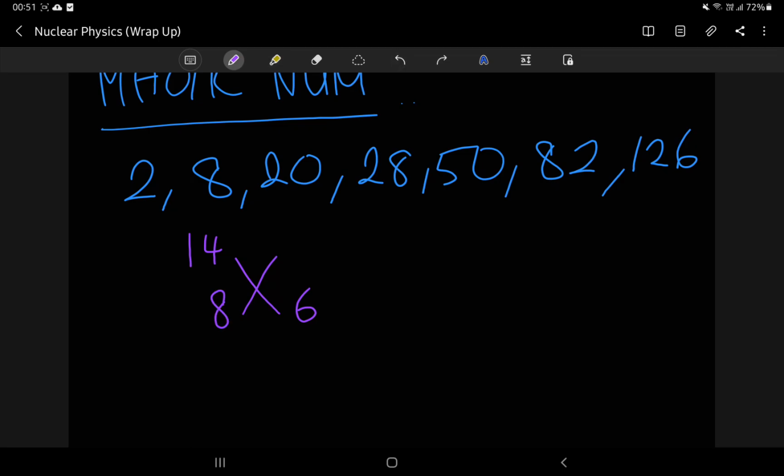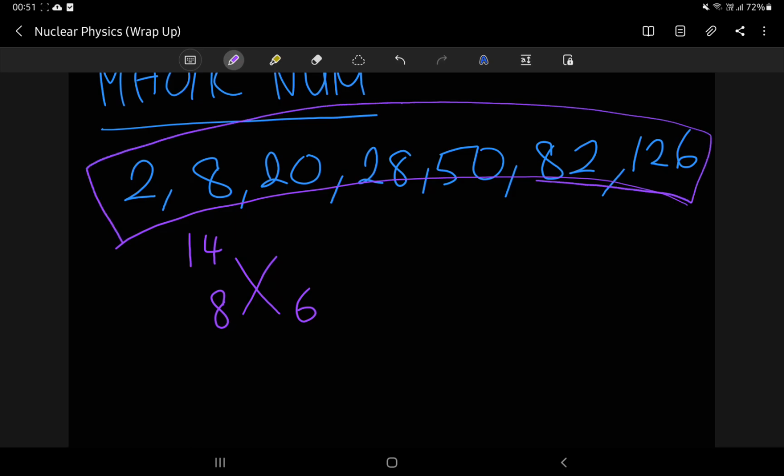So if the atom has this magic number, either the proton or the neutron, we say it has higher stability than the rest.